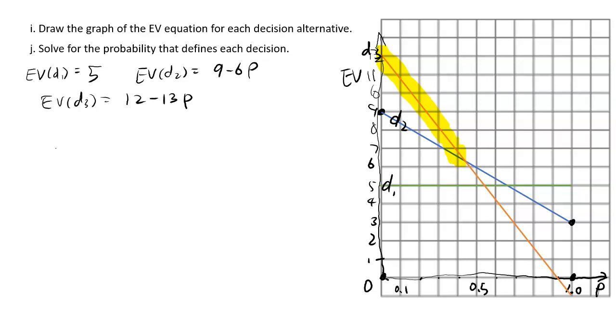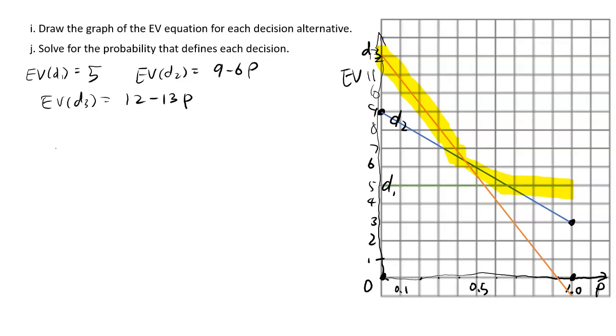And then between here to there, this blue line is the highest among the three lines, right? So between here, you go with this blue line. And then lastly, when the probability is above a certain point, you're going to go with the green line, which is D1.